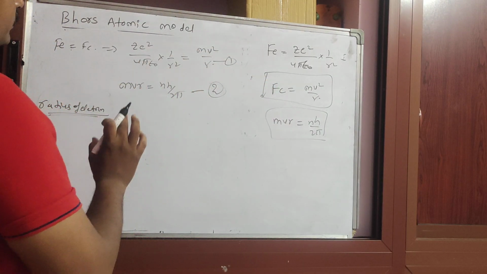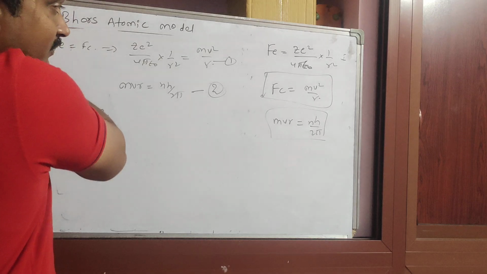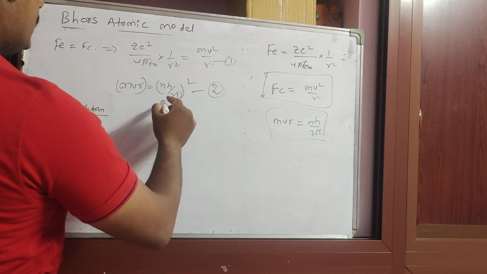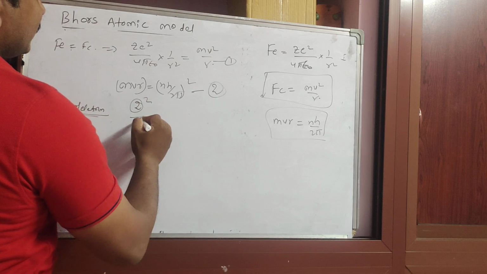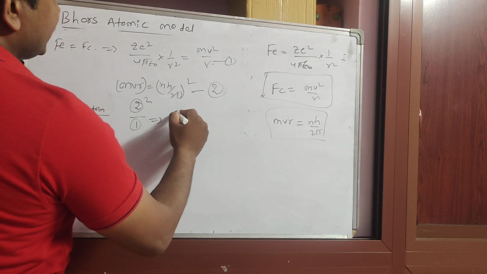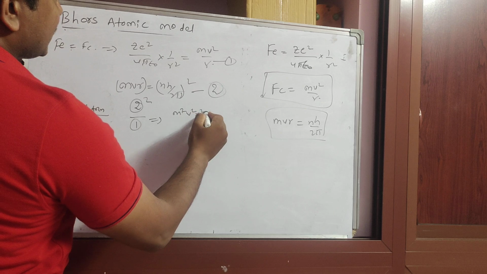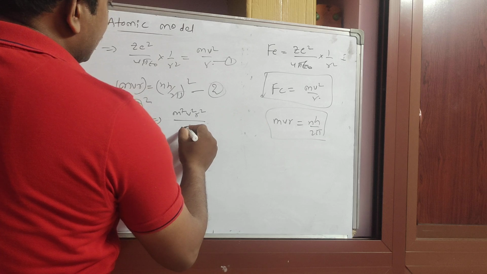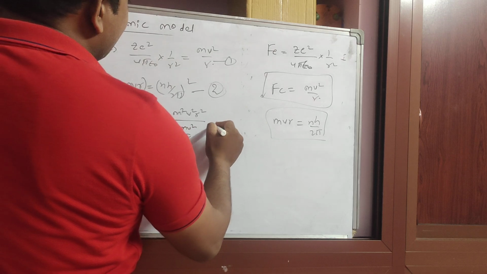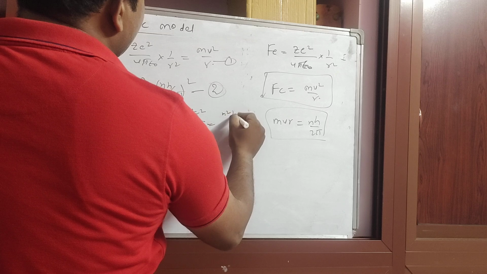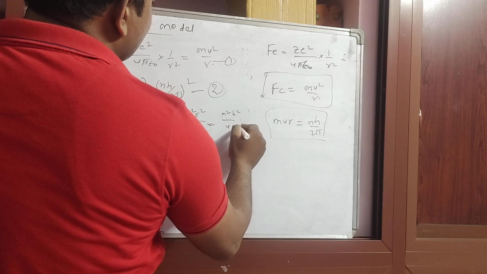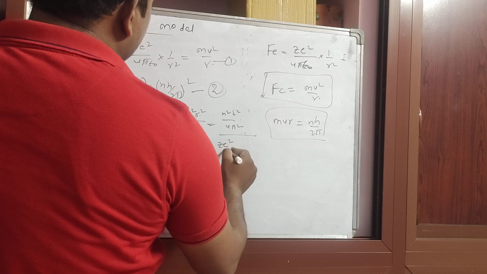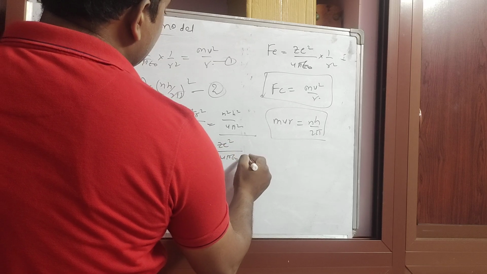First, we have to take these two equations and square both sides, then divide one by the other. Taking m square v square r square by mv square by r is equal to n square h square by 4 pi square, divided by Ze square by 4 pi epsilon naught r square.